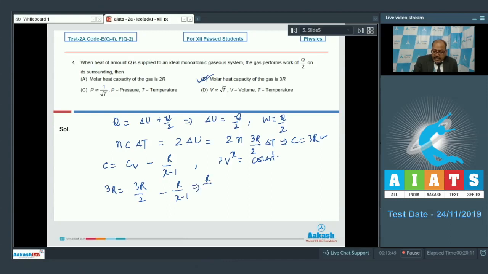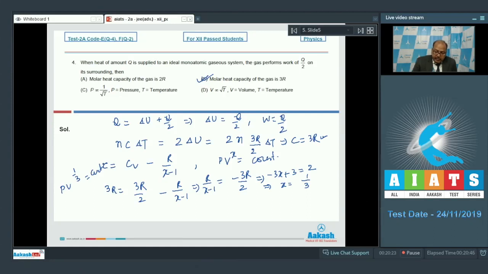On solving, we get R by X minus 1 equals minus 3R by 2, or minus 3X plus 3 equals 2, which means X is equal to 1 by 3. So we have the equation PV to the power 1 by 3 is a constant.